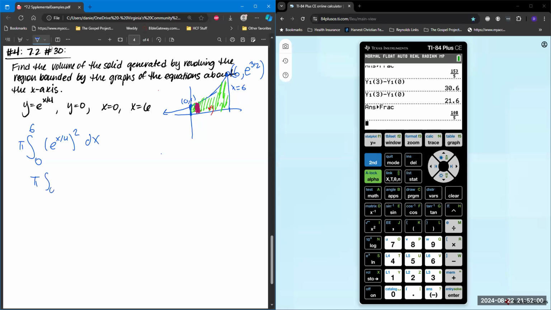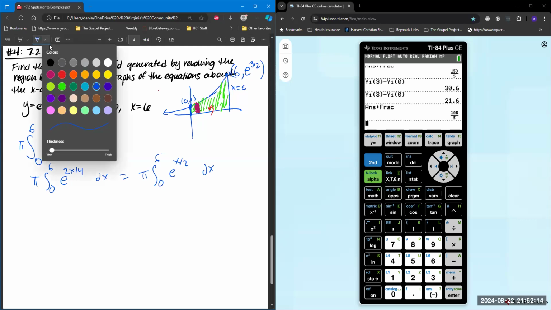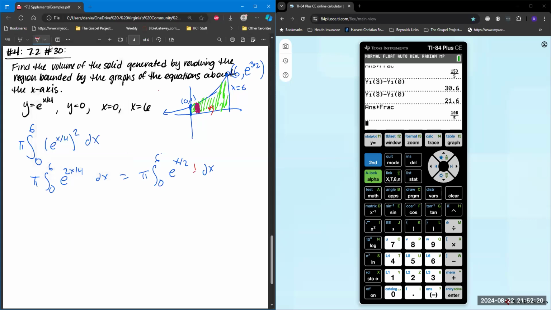It's pi 0 to 6, e to the 2x over 4, dx, is pi 0 to 6, e to the x over 2 dx. Going to have to multiply by 1/2 on the inside and 2 on the outside.